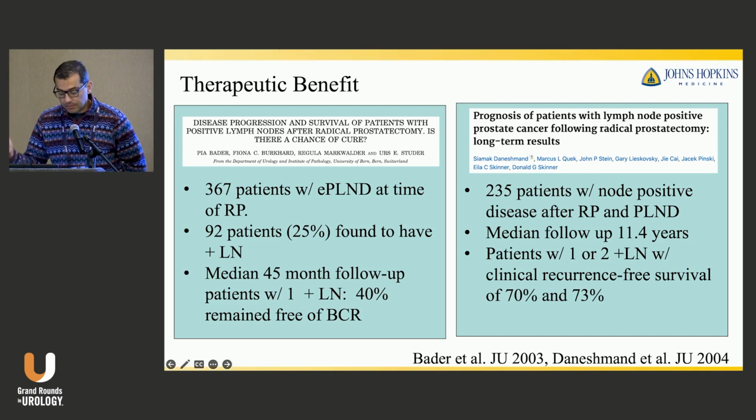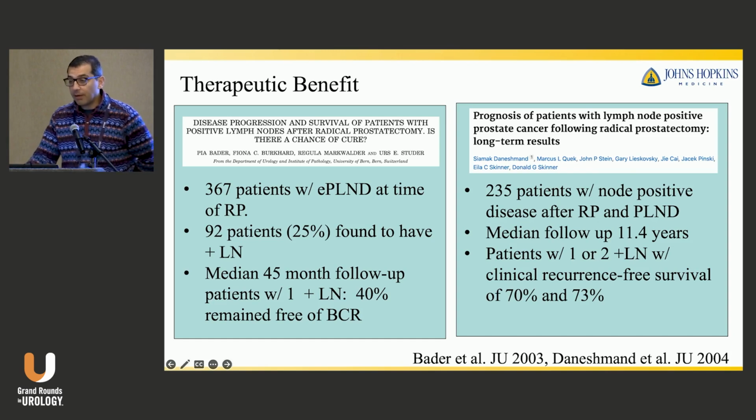So, some additional information at the time. Interestingly, with a median follow-up of 45 months, and I'd say maybe even longer today, those who had one positive lymph node remained free of biochemical recurrence. 40% of them remained free of biochemical recurrence without any sort of adjuvant therapies.